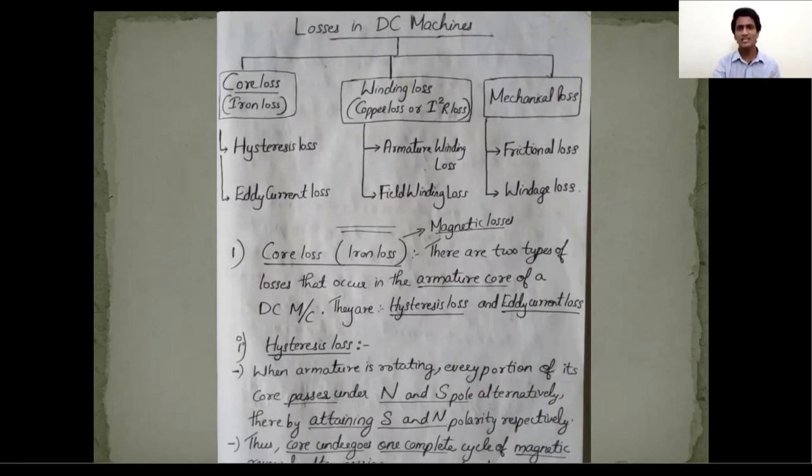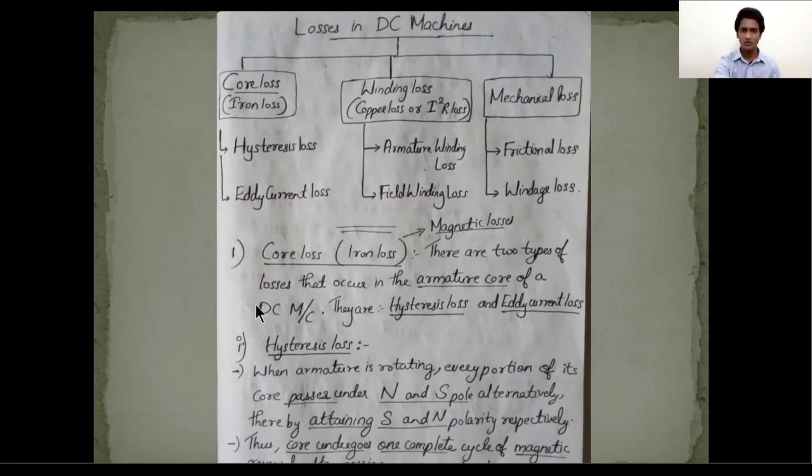Winding loss occurs in the windings of the DC machine. Which are the main windings in a DC machine? Armature winding and field winding. Whenever current flows through a resistor, there will be I square R loss, which is the copper loss, and it is called winding loss, which will be discussed in detail. And the third loss is mechanical loss. They are frictional loss and windage loss.